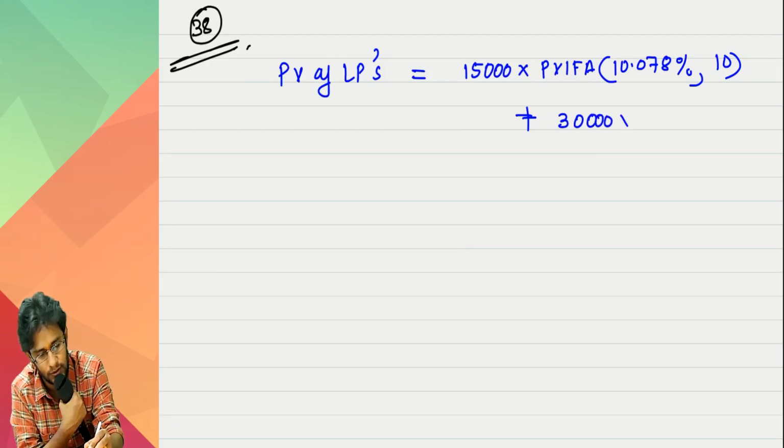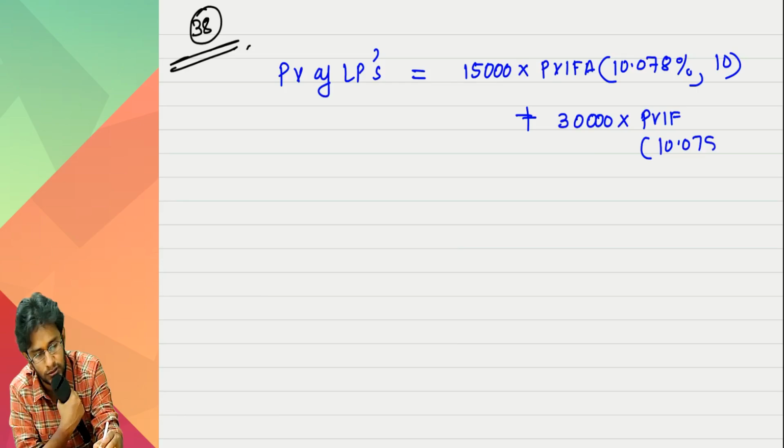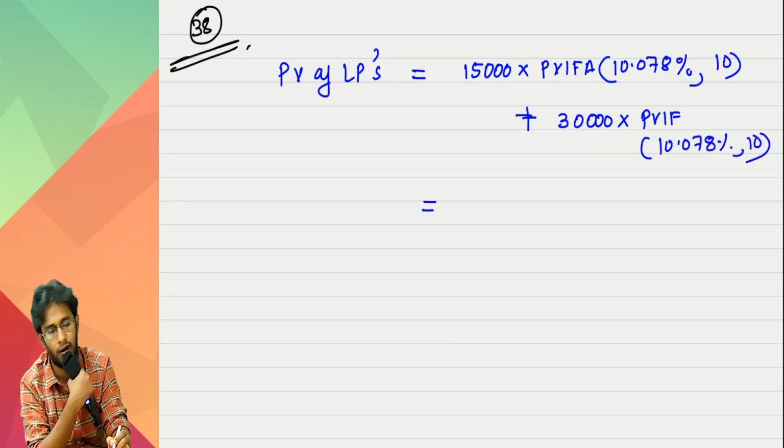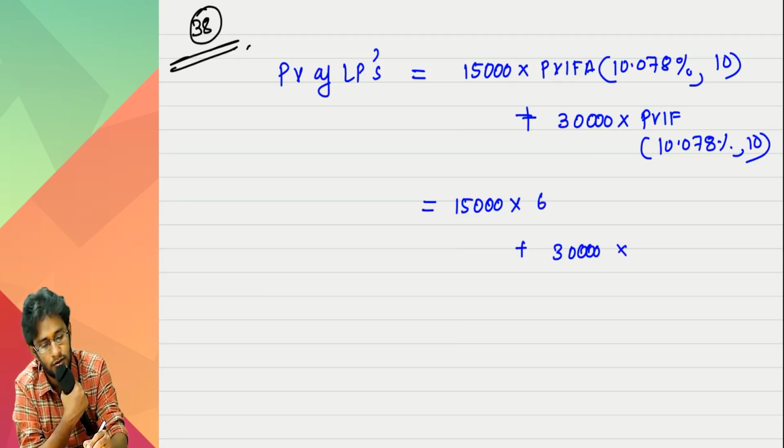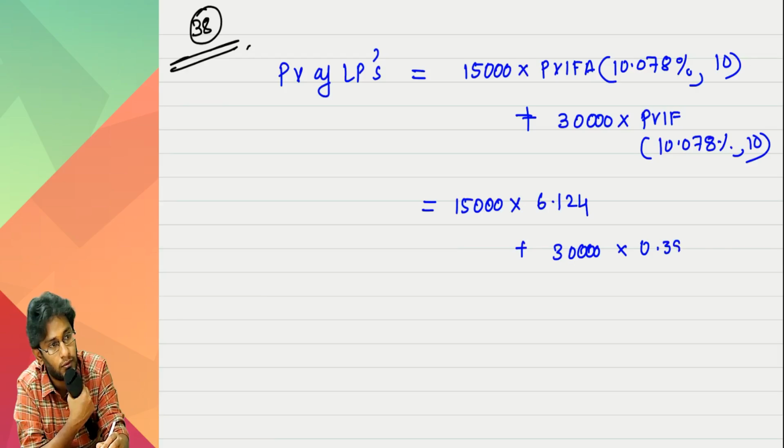Yes, 30,000 into PVIF 10.078% for the 10th period. Do the annuity factor and PV factor. 15,000 into something plus 30,000 into something. 6.10124. Okay, this one, 0.3828. Multiply this.